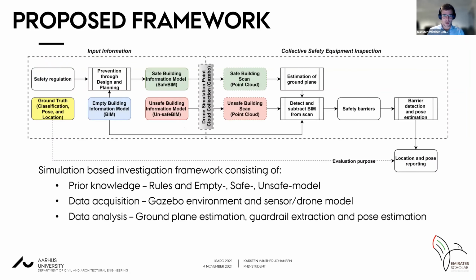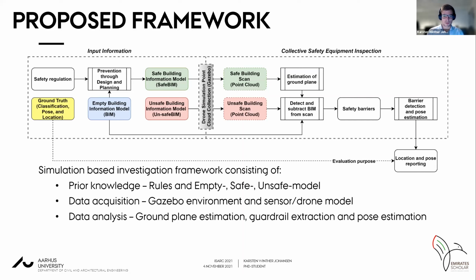So here is our proposed framework, which consists of three main parts, so to speak. We have some prior knowledge which contains the safety rules, and then we have three building models. The first one is empty, safe, and unsafe, and I'll come back to this.